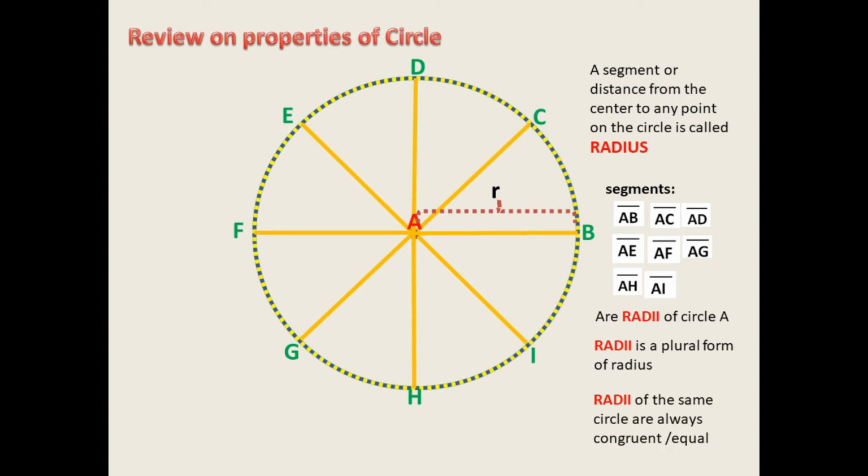Radii of the same circle are always congruent or equal. It means that segment AB is congruent to segment AC, and congruent also to segment AD, AE, AF, AG, AH, and AI. So if the measure of line segment AB is 10 units, then the measure of line segment AC is also equal to 10 units, and so on.